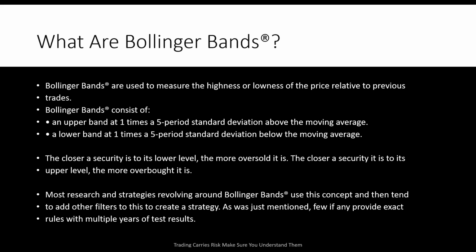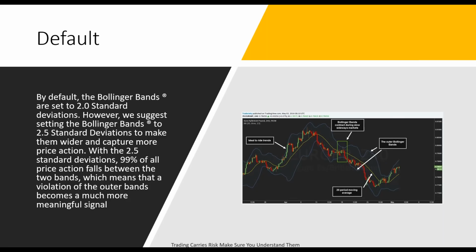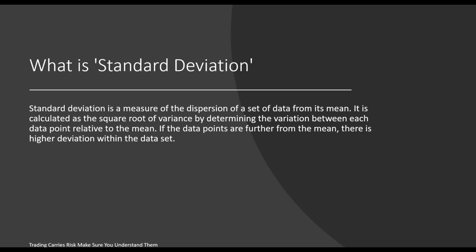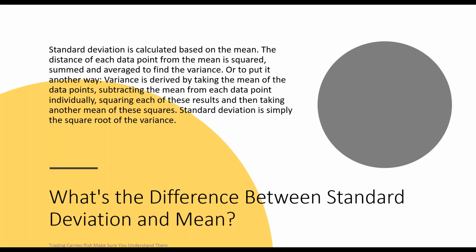Now, a standard deviation is calculated based on the mean, the average. And in this case, we're using the moving average, which is the red line we put on there, the standard moving average.